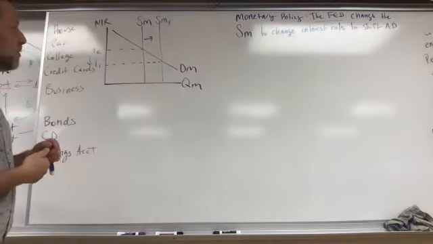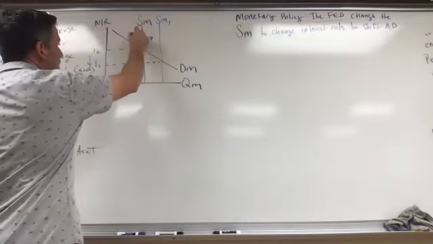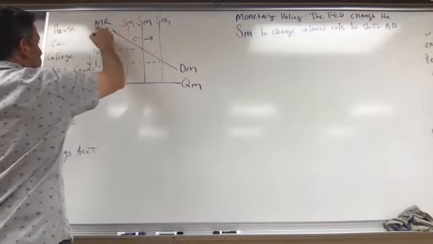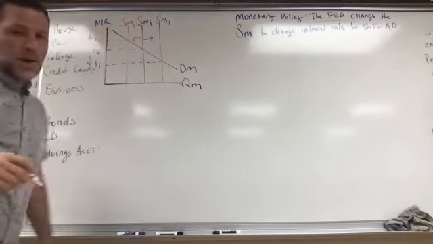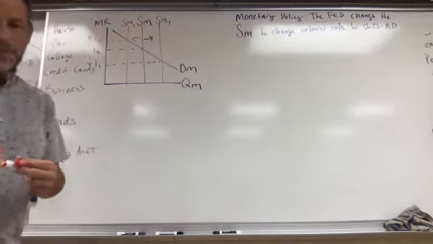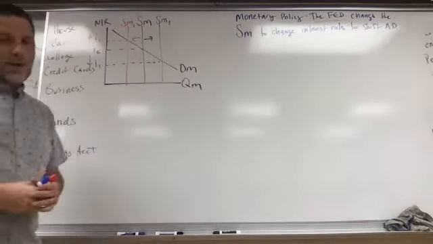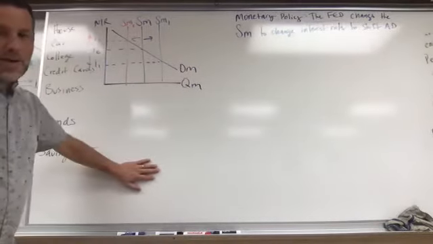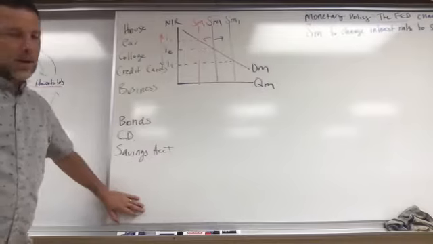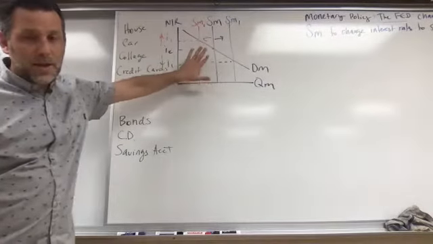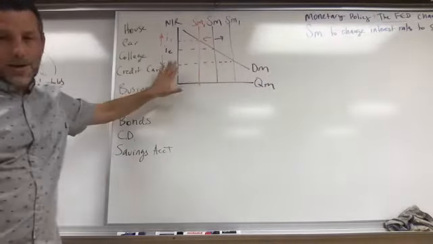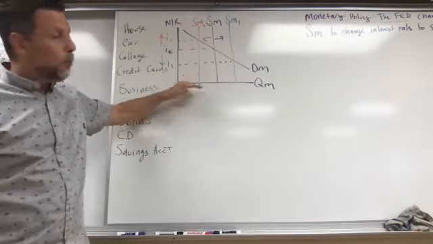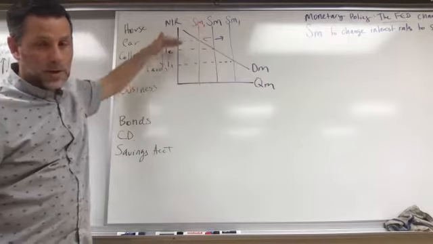If my supply of money was to decrease to the left, nominal interest rates would go up. So the whole theory of monetary policy is that if we can control the amount of money in our economy, and adjust that amount, we can cause interest rates to go up or go down.